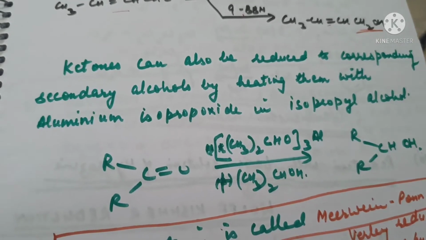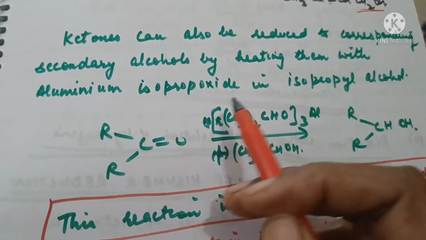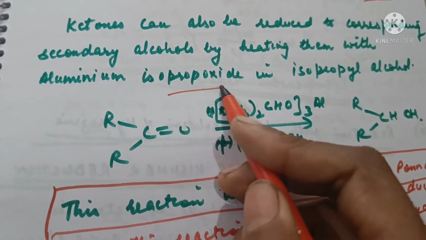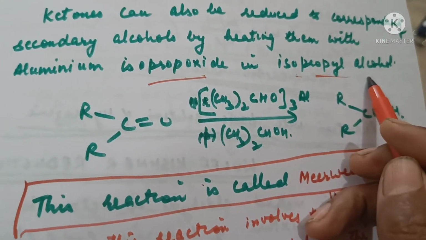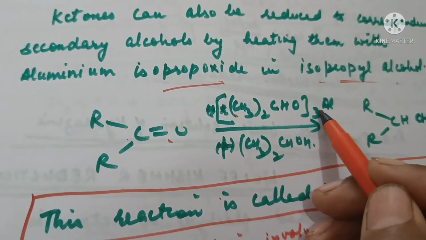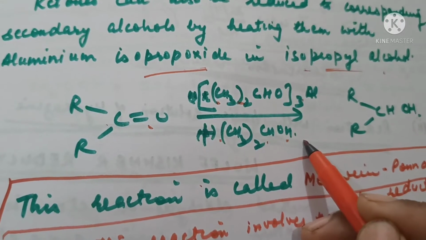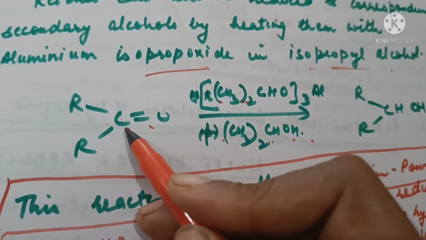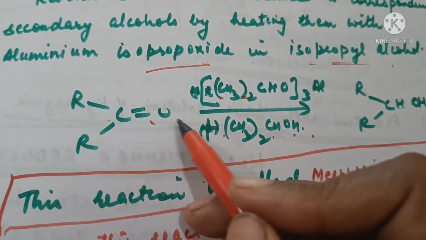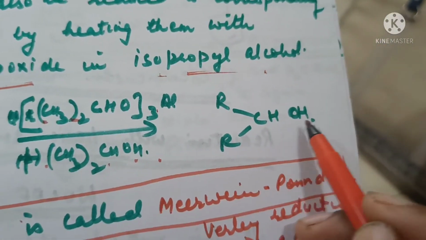Ketones can also be reduced to the corresponding secondary alcohols by heating them with aluminium isopropoxide in isopropyl alcohol. So the ketone reacts with aluminium isopropoxide in isopropyl alcohol, this is reduced, H and H come here, so R2CHOH is formed.